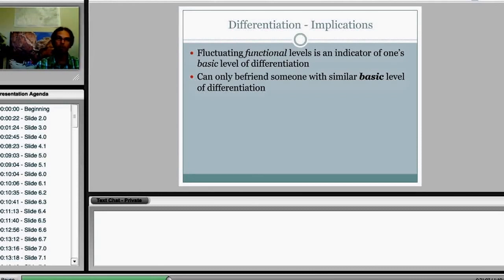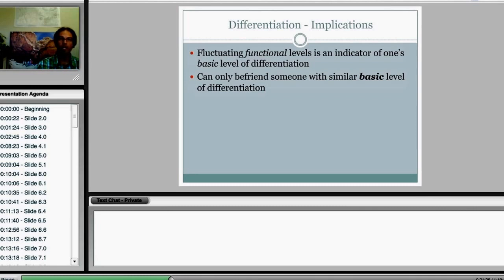And I'm going to illustrate that with a few slides when we begin to talk about what really is happening on the individual level of this differentiation and on the relational level of differentiation. As you remember in an earlier slide, I mentioned that this deals with both intra and interpersonal relationships.